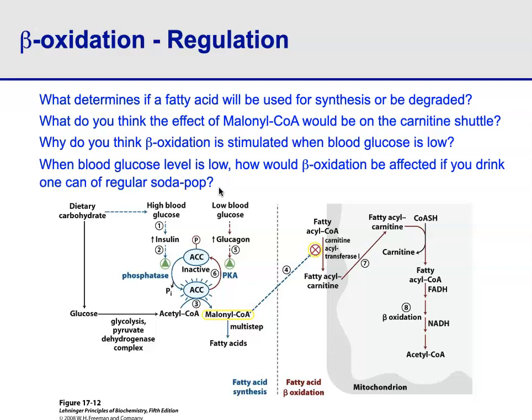Now, if you think about it, why do I say regular and not diet? Well, regular soda pop has about, if I'm not mistaken, 25 grams of sugar. That's a lot of carbohydrates.